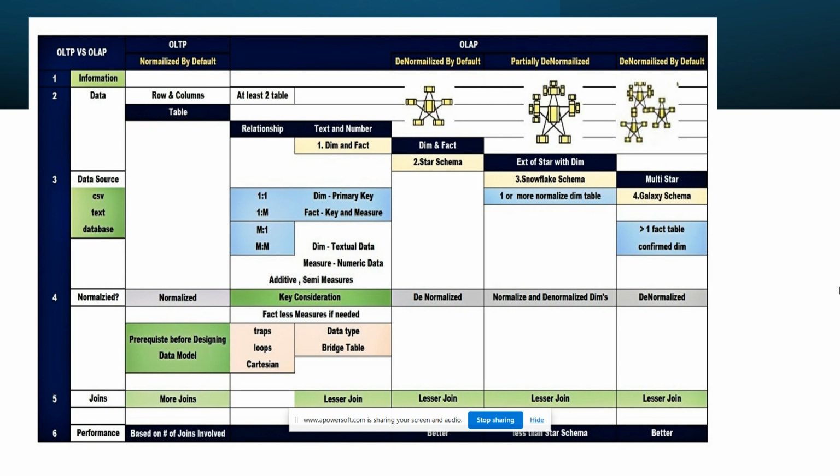With the dimensional model, we relate with dimension and fact. When you look at OLTP, it is rows and columns. When you look at the dimensional model, it is dimension and fact tables, where the dimension holds the textual values and the fact holds your numbers plus the key items that associate with the respective dimension.